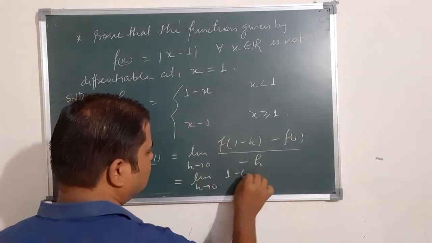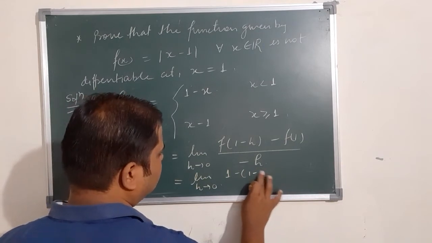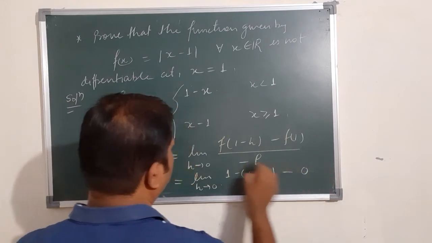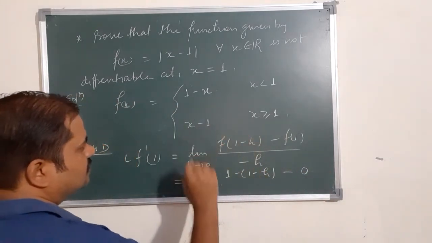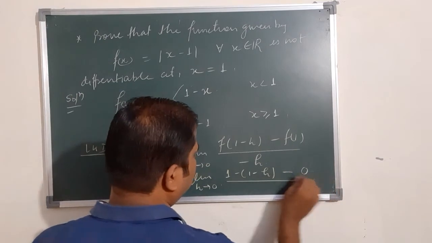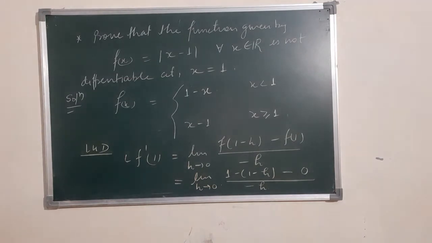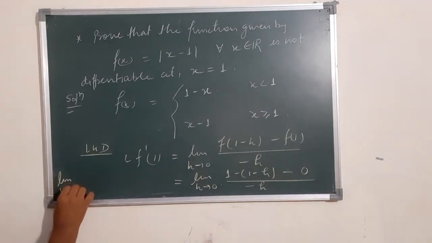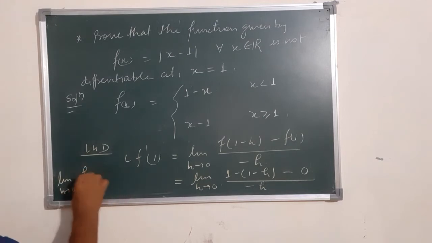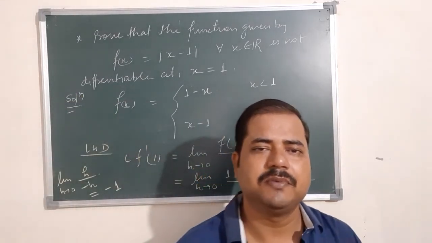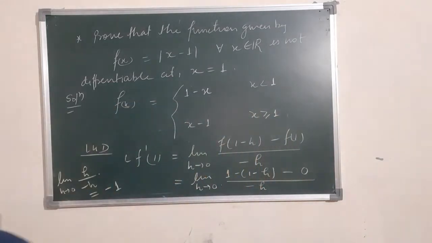So 1 − (1 − h) − f(1), and f(1) is 0, divided by −h. The 1s cancel, this is h upon −h, which is nothing but −1. So the LHD of this function is −1.